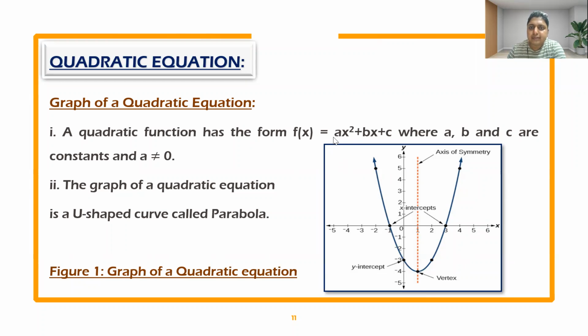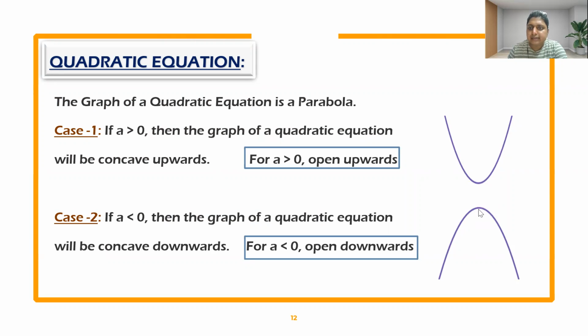If a is less than 0, the parabola opens downwards, and x equal to minus b upon 2a gives the greatest value. If a is greater than 0, it opens upwards, and x equal to minus b upon 2a gives the minimum value. Both of them are called the vertex.